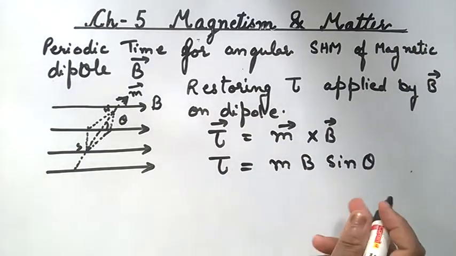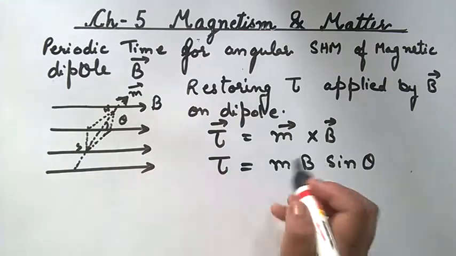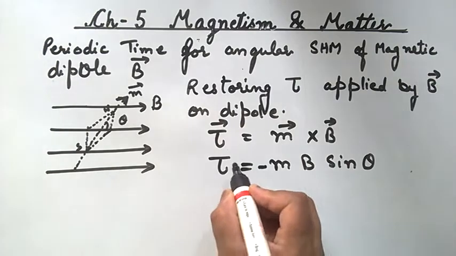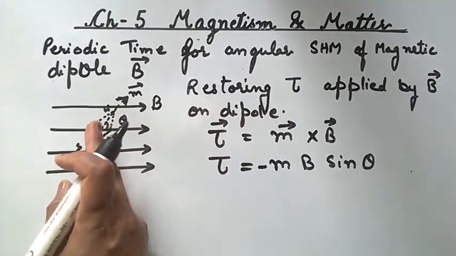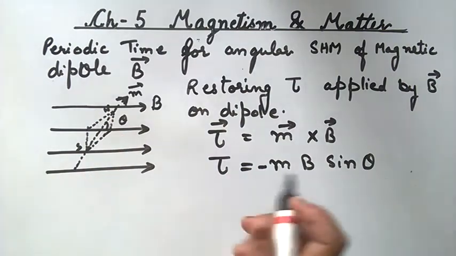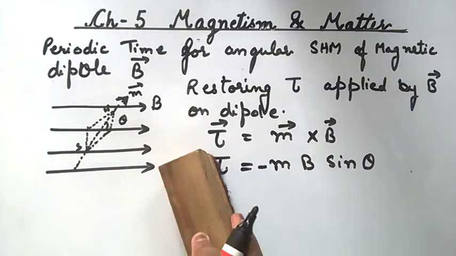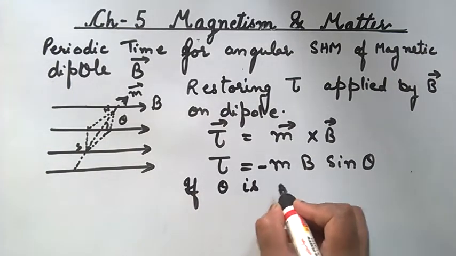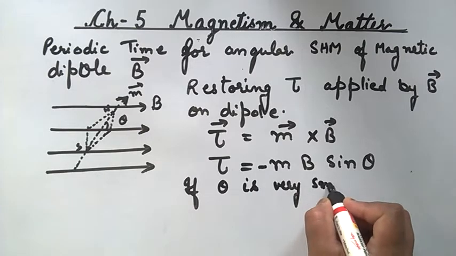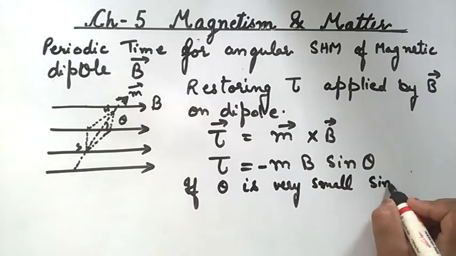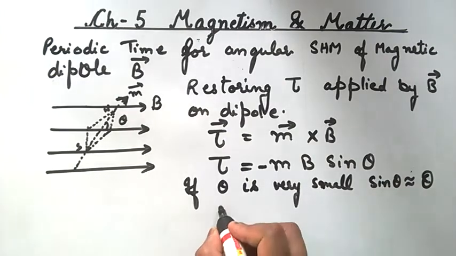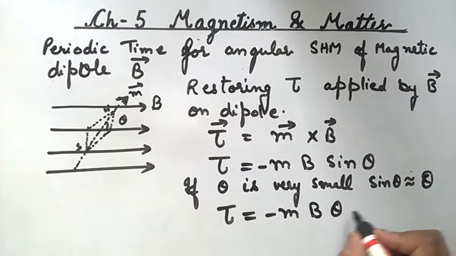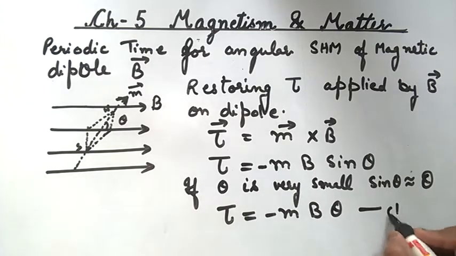As the angular displacement is opposite to the restoring torque, we put a minus sign, and if this angular displacement is very small, then sine theta can be taken as theta. And the torque can be written as minus MB theta. This is equation number 1.